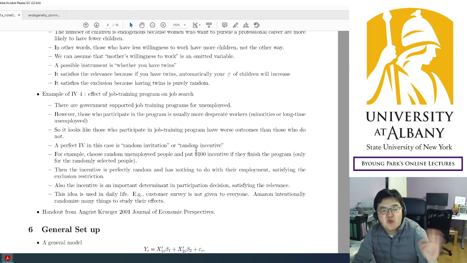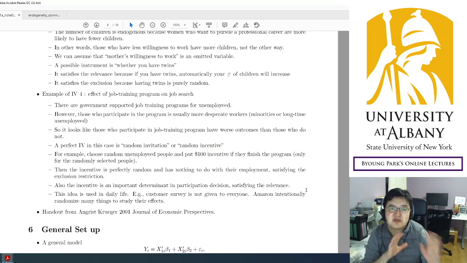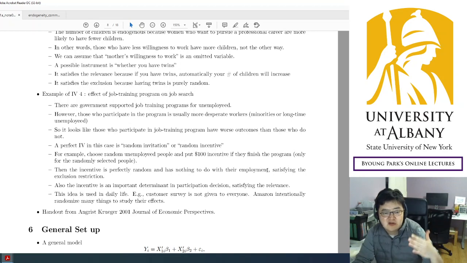Suppose that without the incentive, the participation probability is 10%. But among those who get this incentive, their participation rate is, say, 20%. Still, that means the incentive has some effect on the decision.